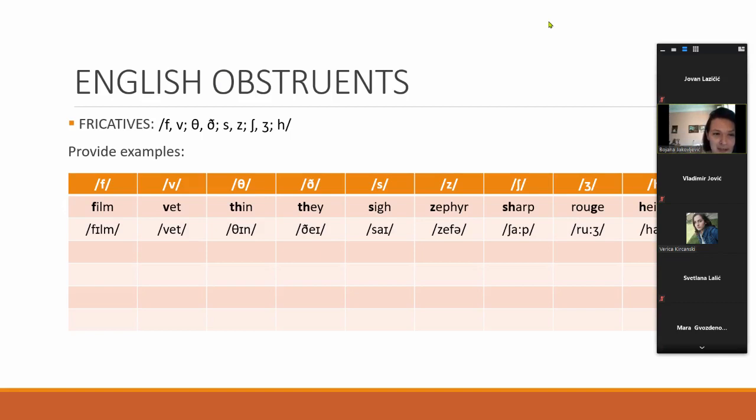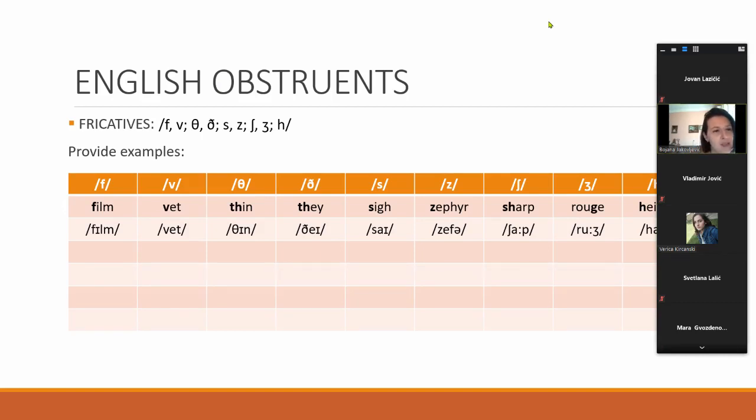Okay. In Serbian, h is actually a velar sound. It sounds to me like it's pronounced shorter than in English. Possibly, we can give some examples.